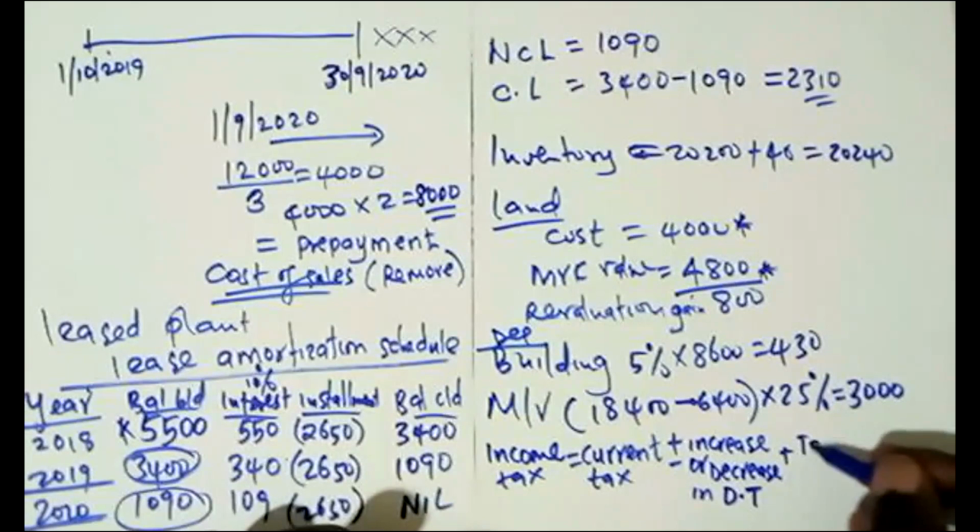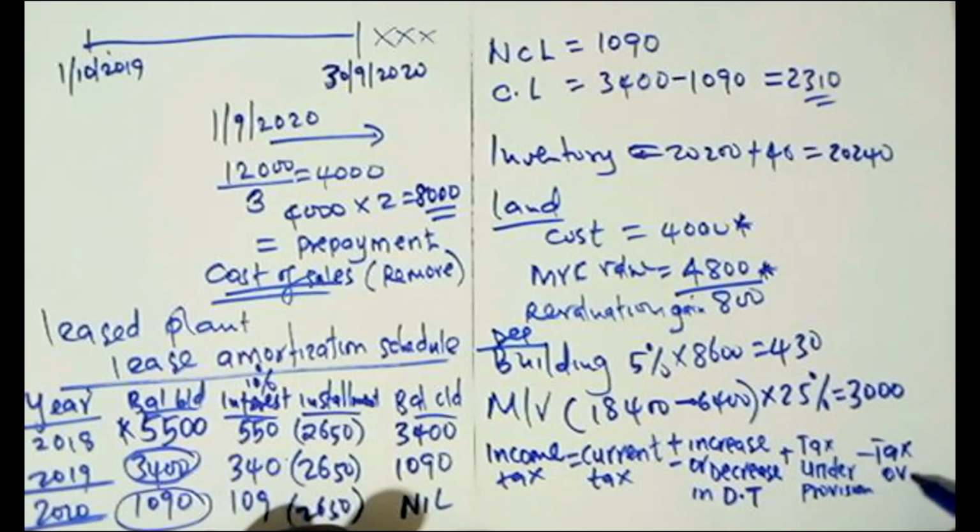Then we add tax under provision and we minus tax over provision.